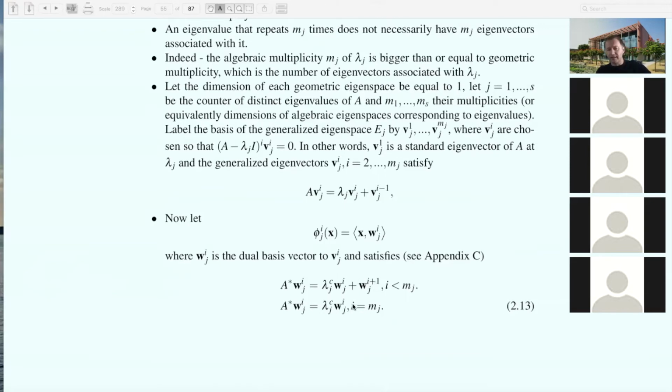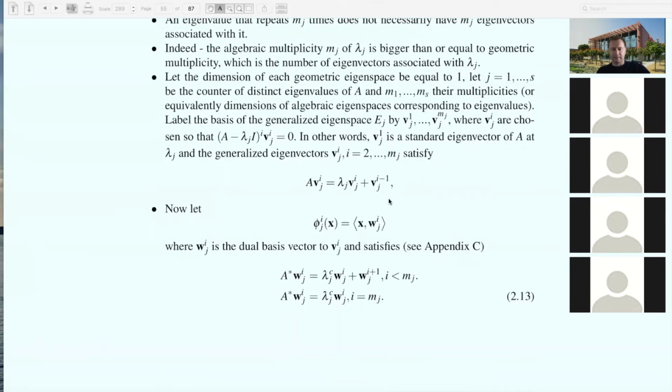And so for i equal to mj, we get the dual eigenvector itself, and then you go down the ladder to 1. Here you start with an eigenvector, vj1, and you go up to mj. So your i goes all the way up to mj, so you're going up the ladder of generalized eigenfunctions.